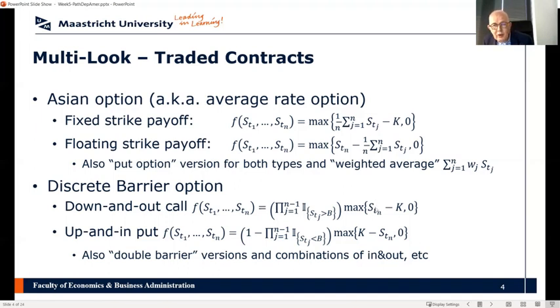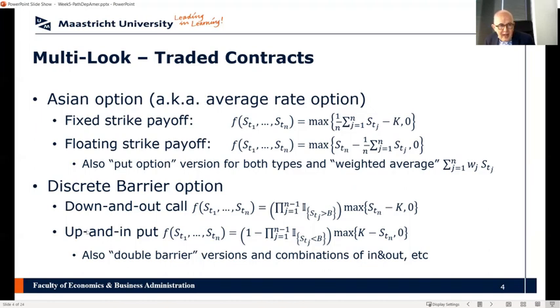So I'm only getting my call payoff if at all the intermediate time points the stock price was always above the barrier level. Another version is, let's say, up and in, or down and in type of options.